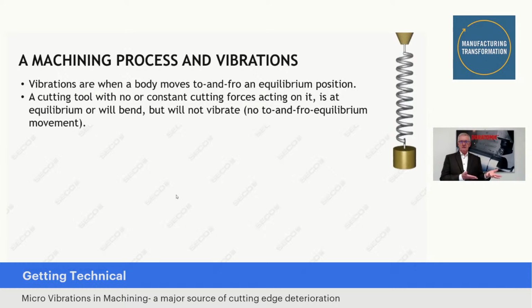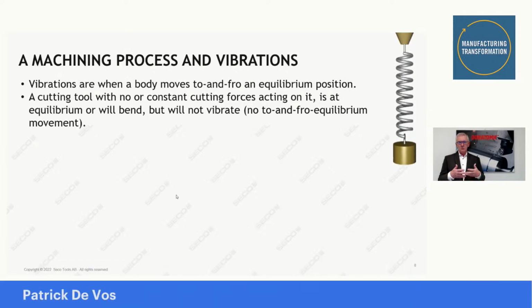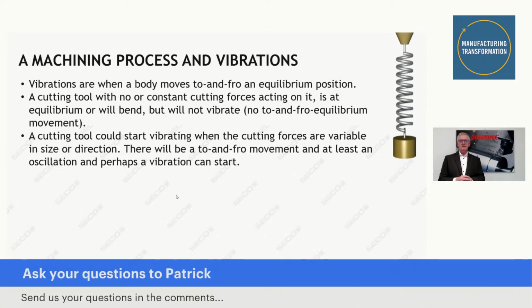And that means no vibrations. Because if you don't have the to and from movement from the equilibrium position, you don't have a vibration. It's something we should be very much aware of.